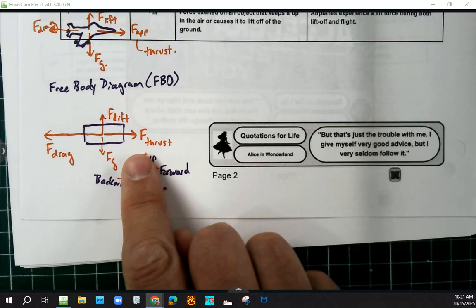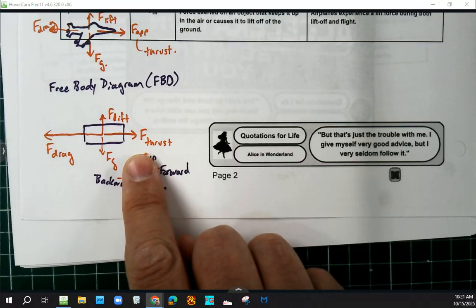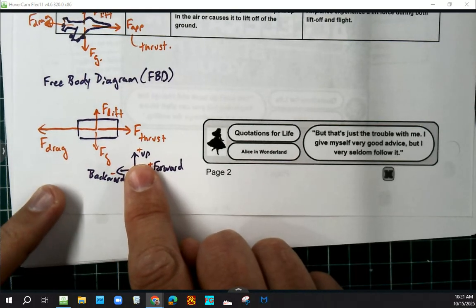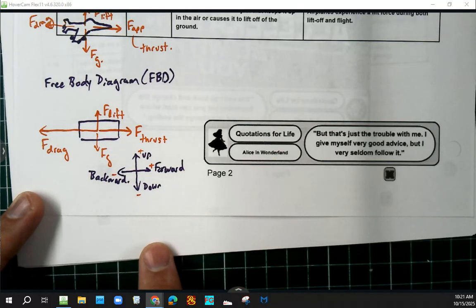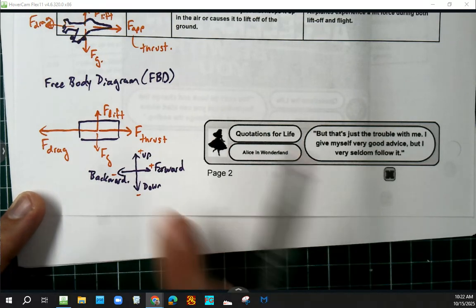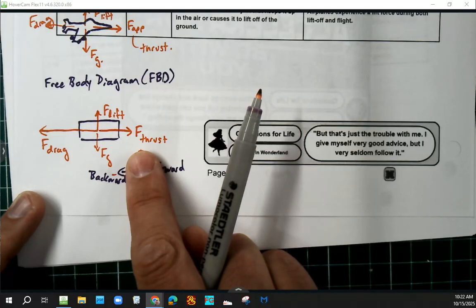What about in the horizontal? Is it speeding up, slowing down, going at a constant speed, or going backwards? What do you think is the most likely thing for a jet? Is it speeding up? No. Is it going at a constant speed?